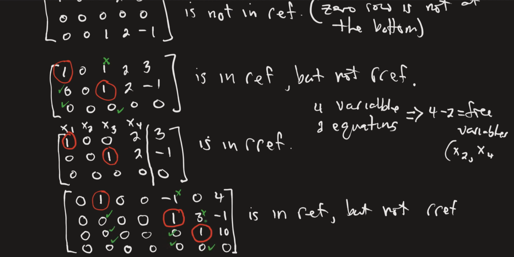But then in RREF, all the entries above a pivot also have to be 0. So this is good, but these two are not. So take a few minutes, read through the definition carefully, and think about how they differ.